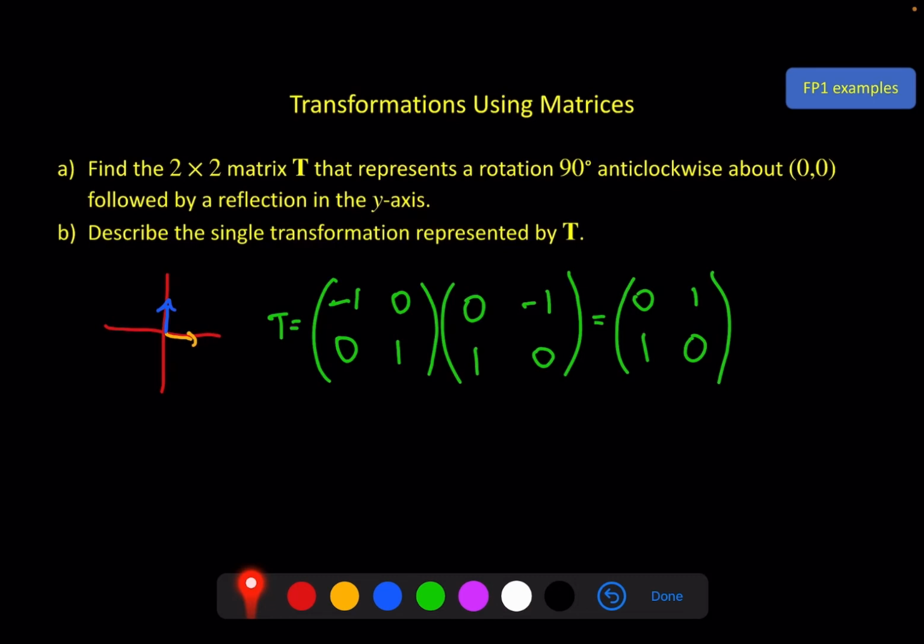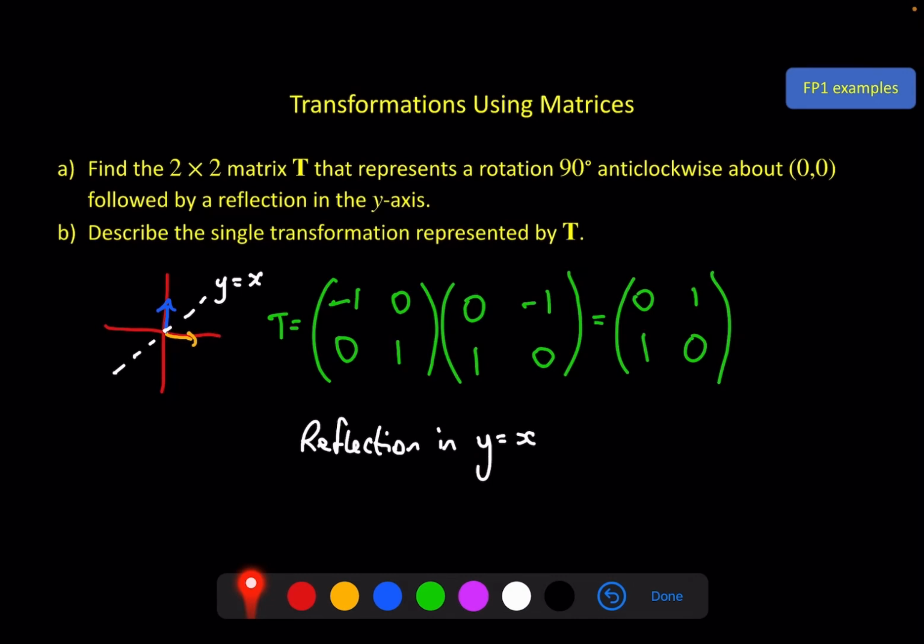And for that to happen, it must be a reflection in the line y equals x. So T is a reflection in y equals x. Obviously T is also this rotation followed by this reflection, but that word single is very important. The single transformation represented by T is this.